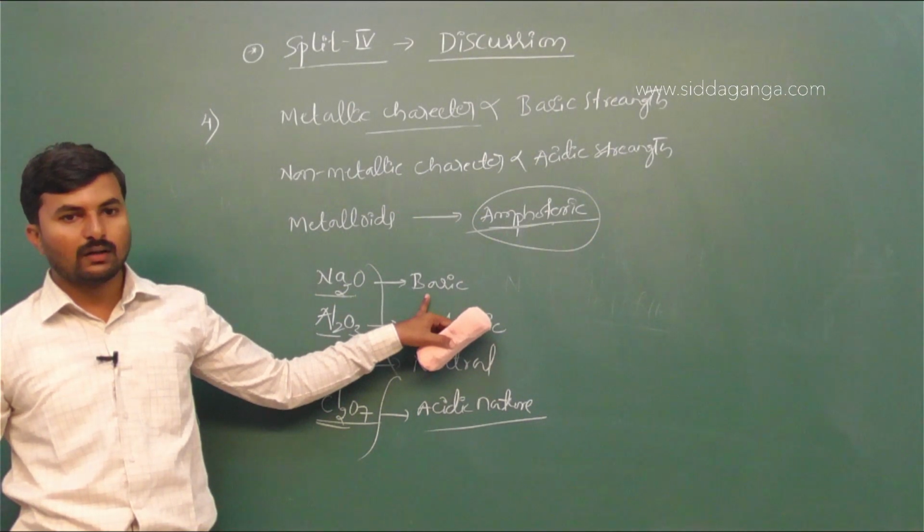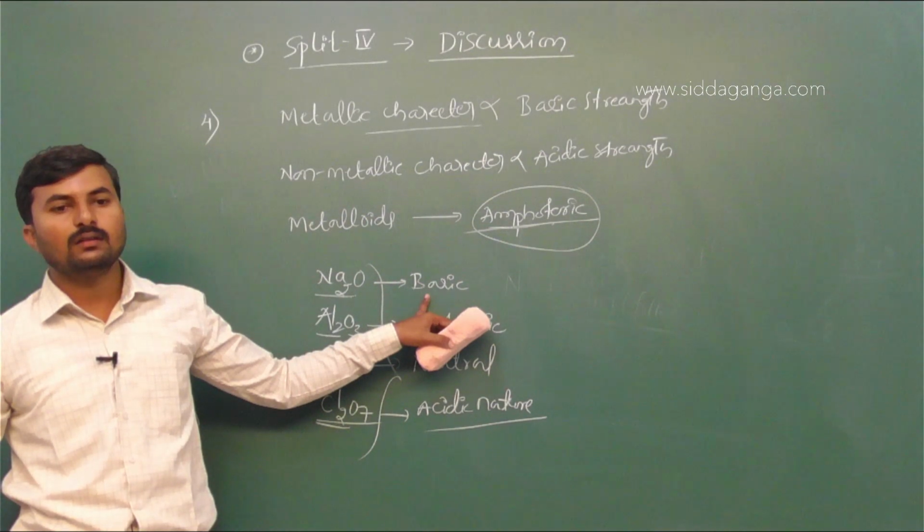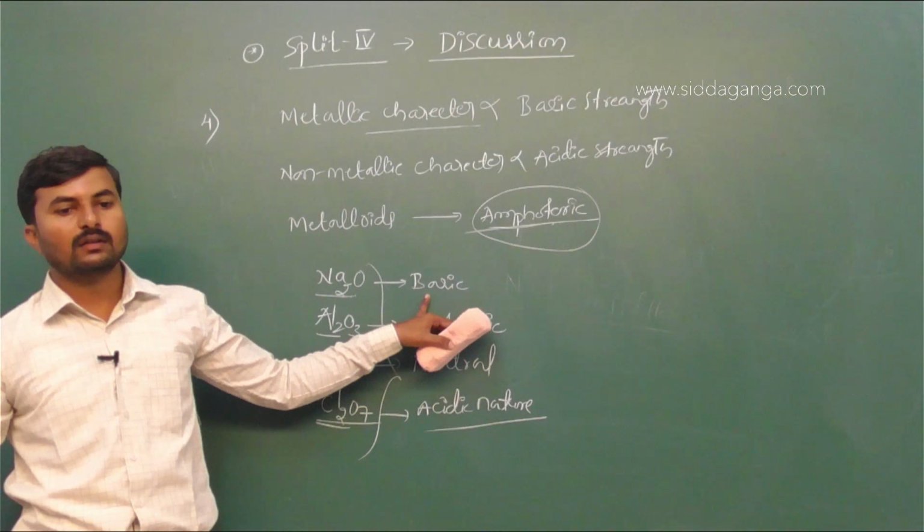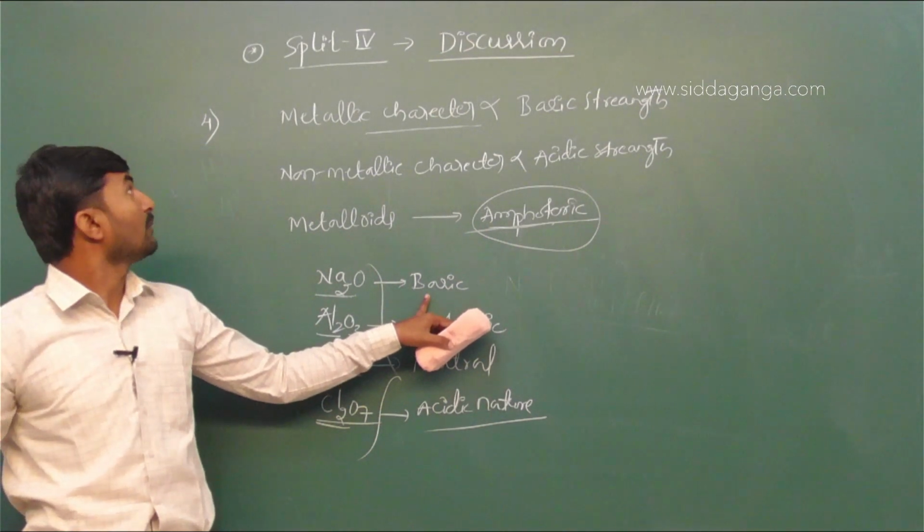For 1 it is B, the second one is D, the third one is A, and the fourth one is C. So option 3 is correct here. So option 3 is correct for question number 4.